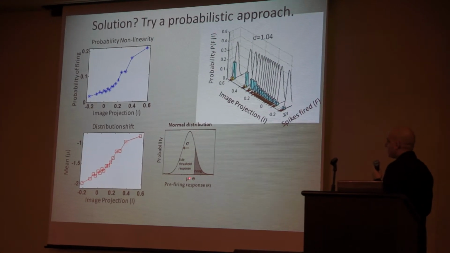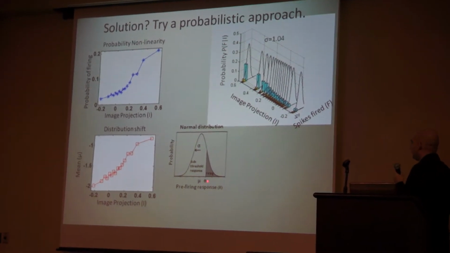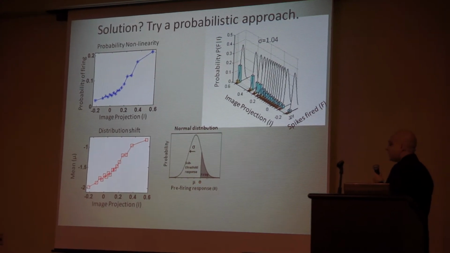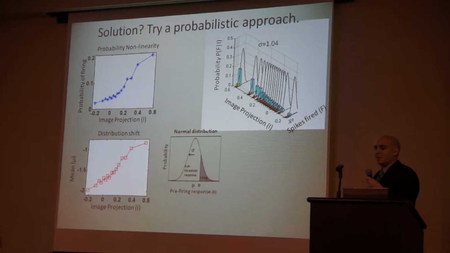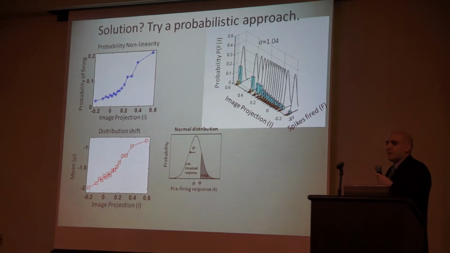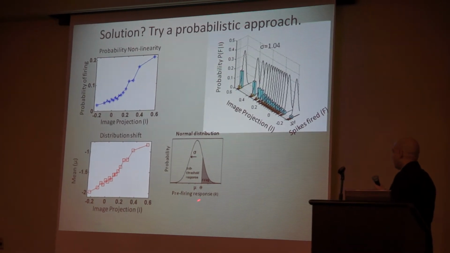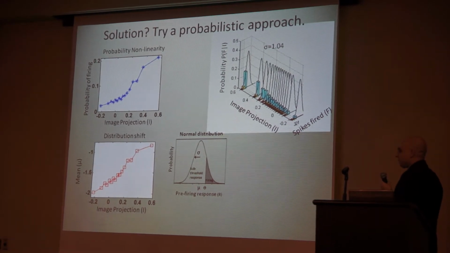Now, in this function, we have three parameters, mu, theta, and sigma. And theta is the intracellular value, the threshold above which I generate a spike. And I cannot know that because I'm not recording intracellularly. But I do know that mu gives me the distance to theta.